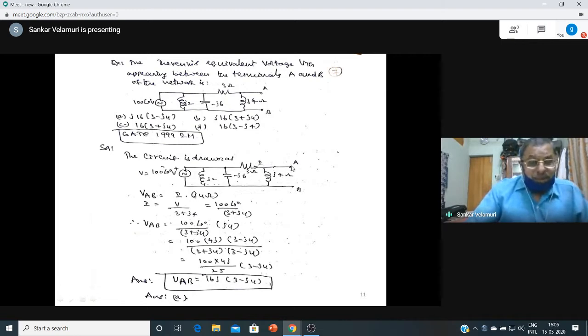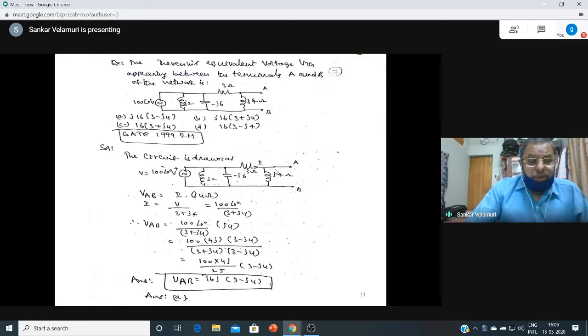So for the terminals which are given as AB, external to the value, this value is already in the circuit, and it is expected that some more load would be connected, because for the terminals AB of the network we have to find the open circuit voltage. The load data is not given. If by mistake this is taken as the actual element and you open it again, then it may mislead.